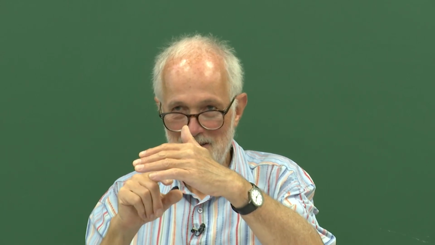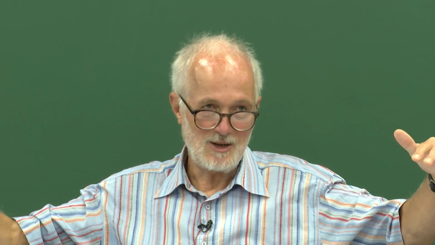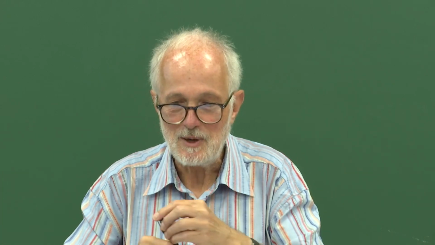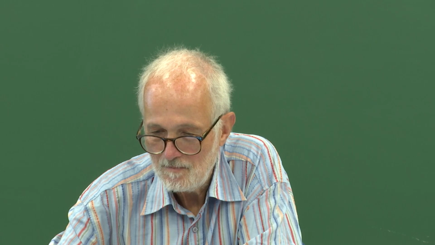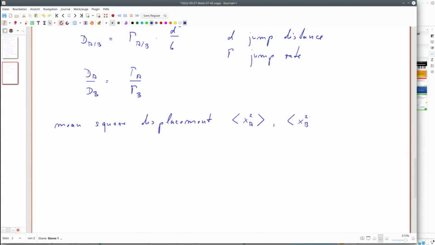Yeah? But this distribution widens like a Gaussian. Yeah? That's why we have to take this x square. Just the square of the distance of the atom.